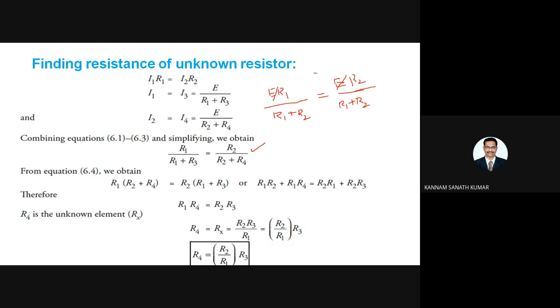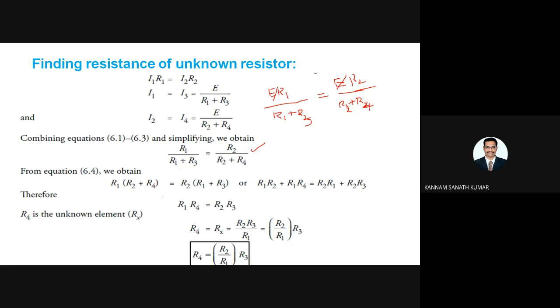So what we get is R1 by R1 plus R3 equal to R2 by R2 plus R4.